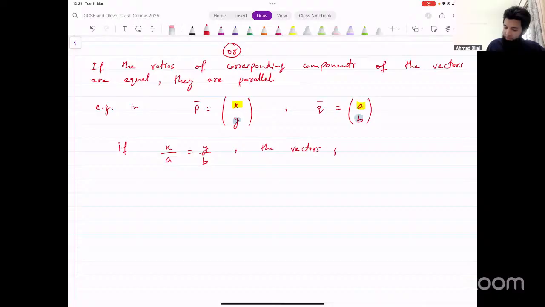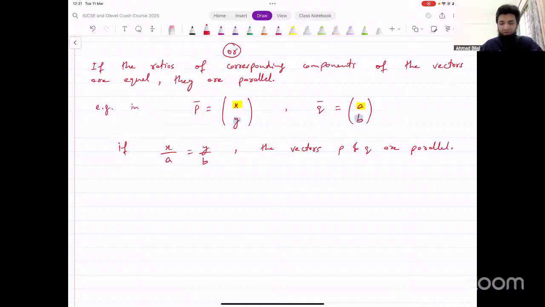Vectors p and q are parallel vectors. If the ratios of the corresponding components are equal, then they're parallel vectors. That's one way of doing this.